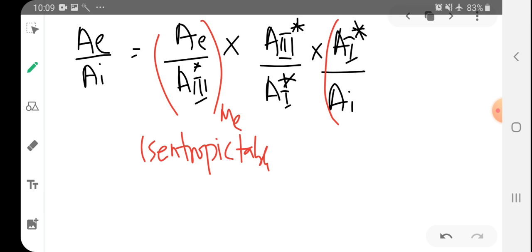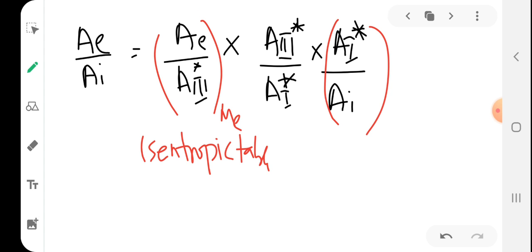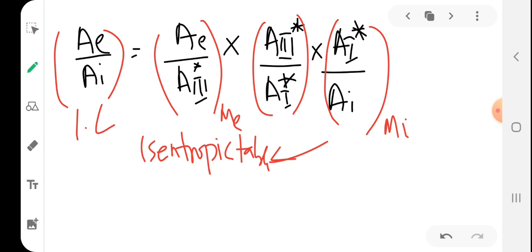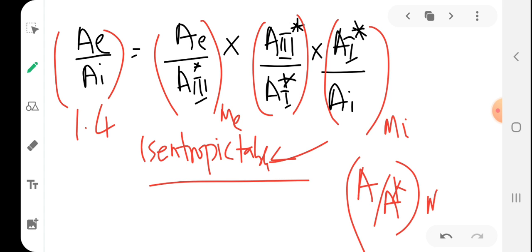A1 star by AI can also be obtained from the isentropic table based on Mi. A3 star by A1 star is unknown, but AE by AI is known, 1.4. ME is 0.5.